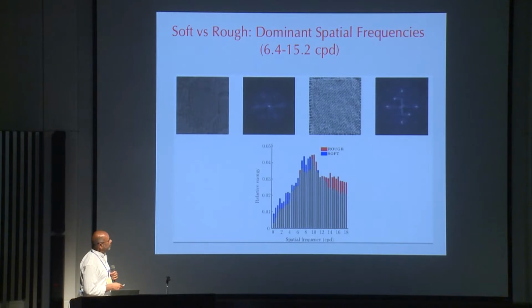And this is shown here as histogram. So here's spatial frequency in cycles per degree. This is the relative energy. The blue parts are where the soft is higher in energy, and the red parts where the rough is, and you can see it falling, the softs over here and the roughs over here in the high frequencies.